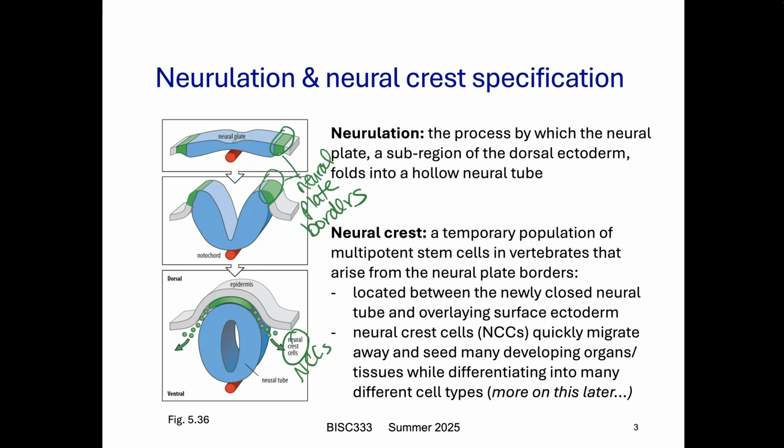Okay, so when we talk about neurulation, we're actually talking specifically about the formation of the neural tube. You start with the ectoderm. The ectoderm can form epidermis or neural plate and neural crest, which we'll talk about.